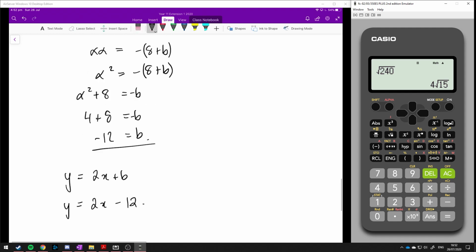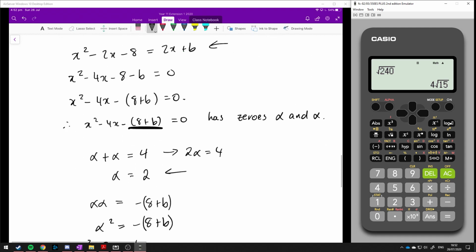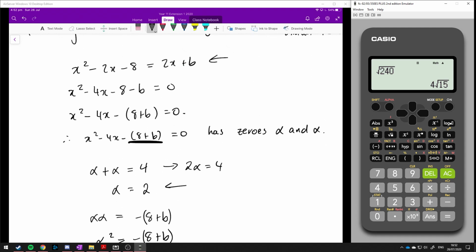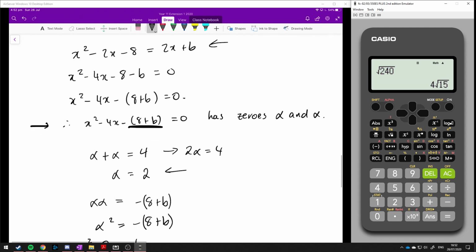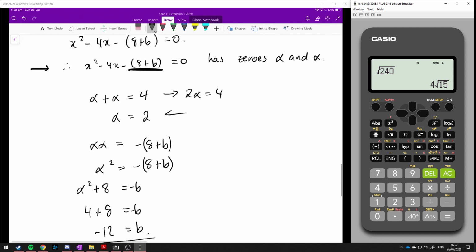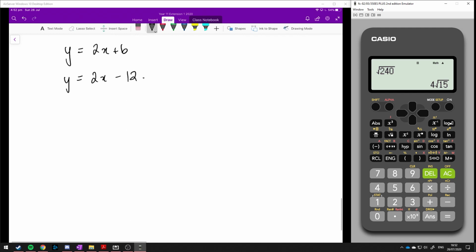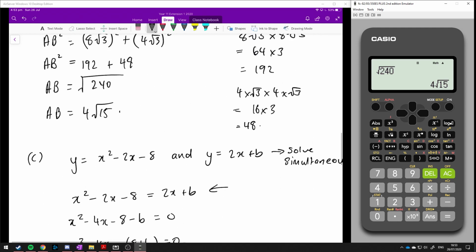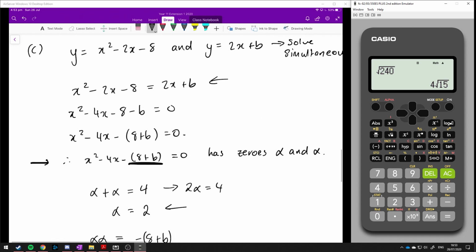So x squared minus 2x minus 8. Well, we can put it into this one here. This one's a bit easier. So x squared minus 4x minus 12, I believe. Okay, so we'll do it on this one here.